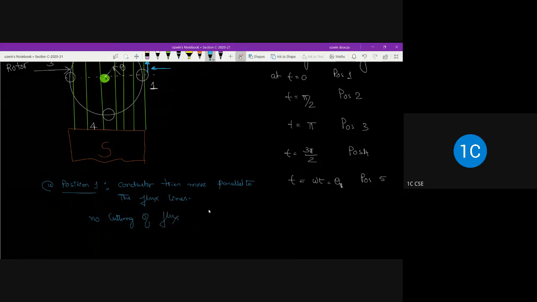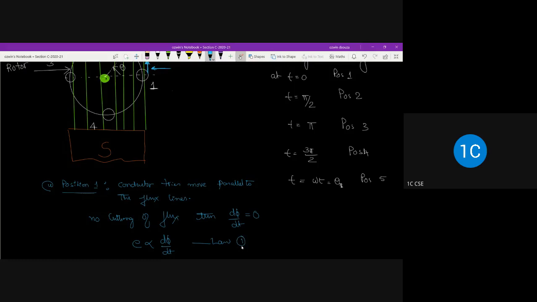If there is no cutting of flux, then the change of flux, that is d phi by dt, is 0. And as per Faraday's law of electromagnetic induction, the induced EMF is proportional to d phi by dt. This is law 1.